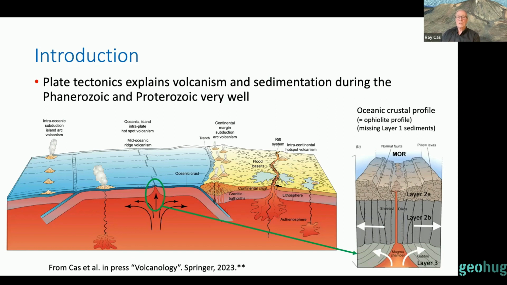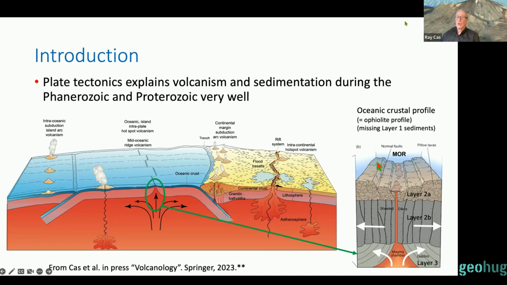And then the lithospheric plates are recycled back into the mantle at deep ocean trenches, which occur either at the margins of continents such as South America or underneath and associated with island arcs such as those in the Western Pacific.